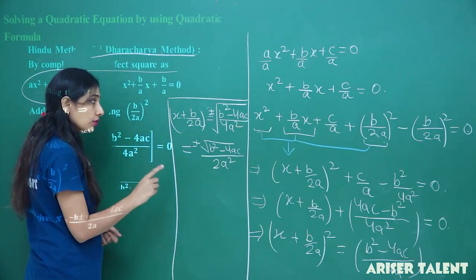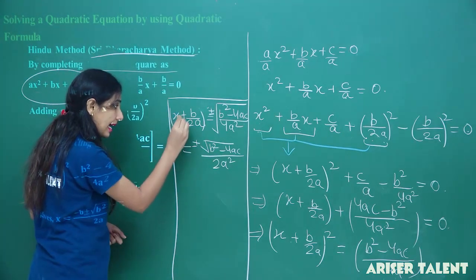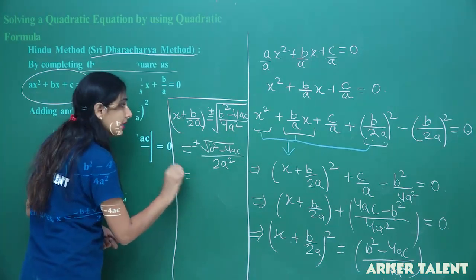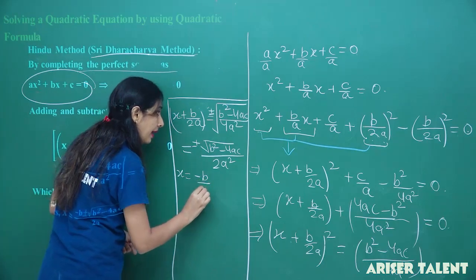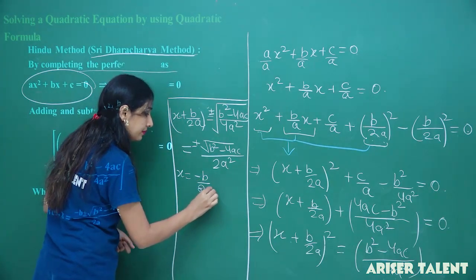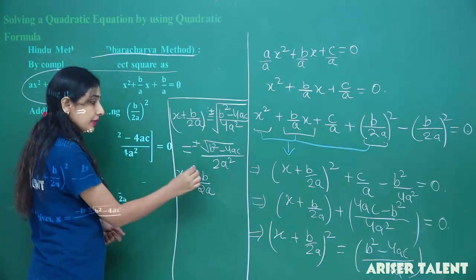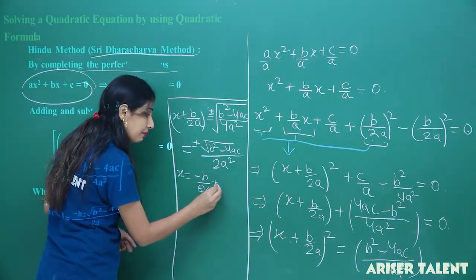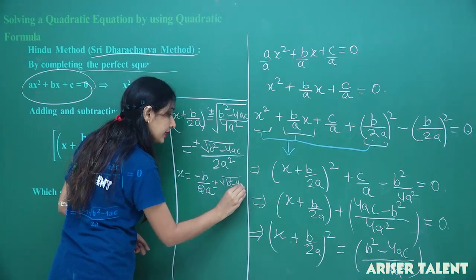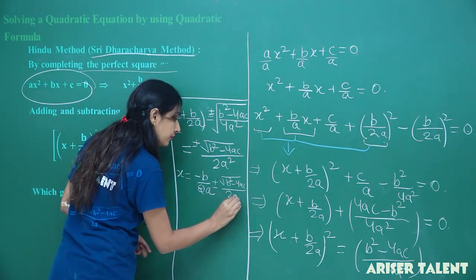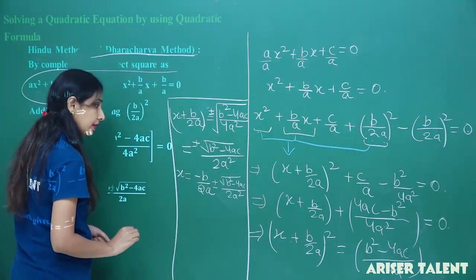Okay. So if I go for this x, so this x will become minus b by 2a plus minus root b square minus 4ac upon 2a square, right.